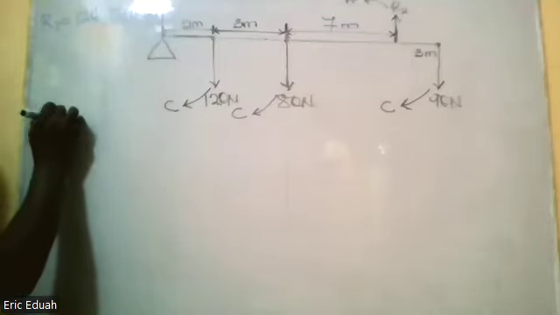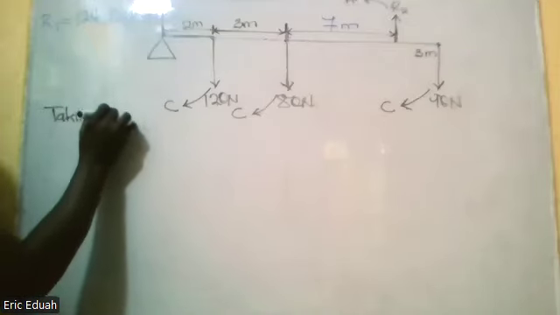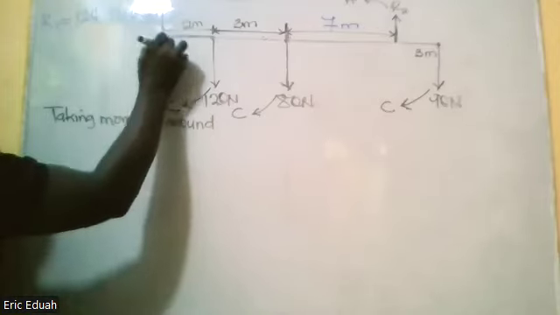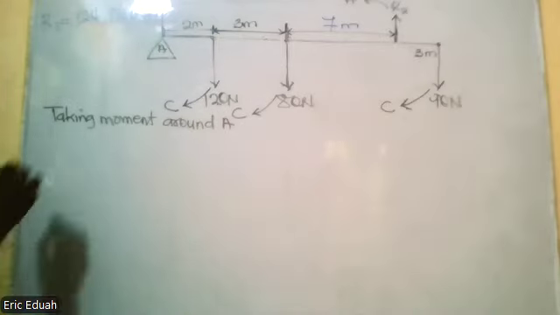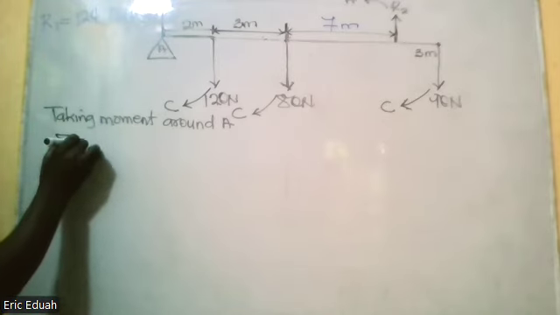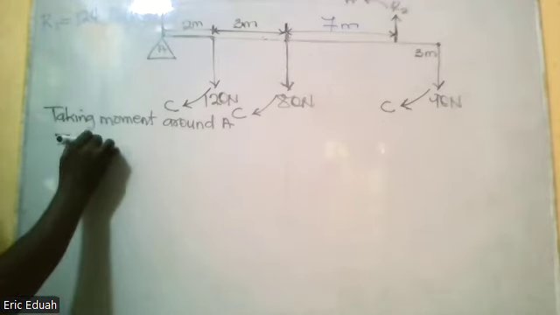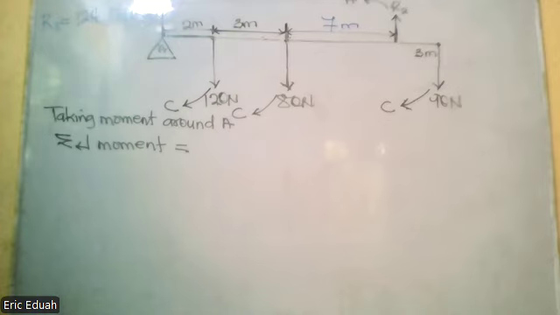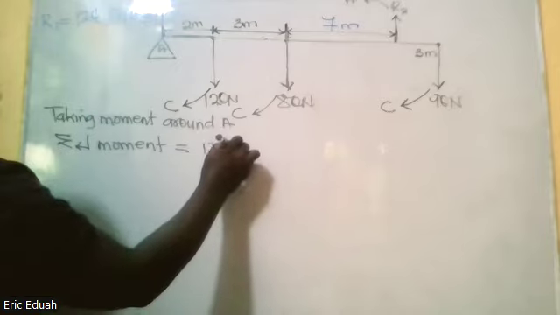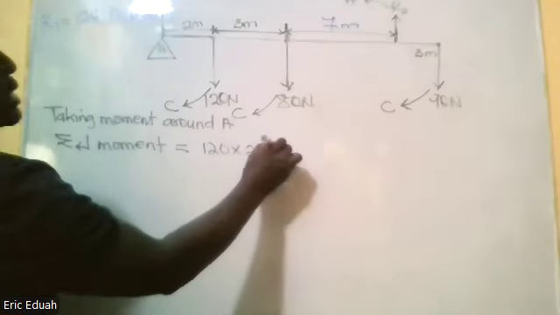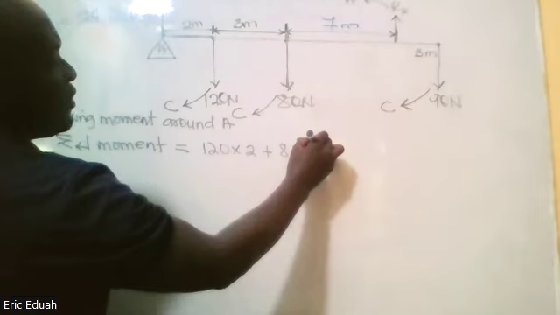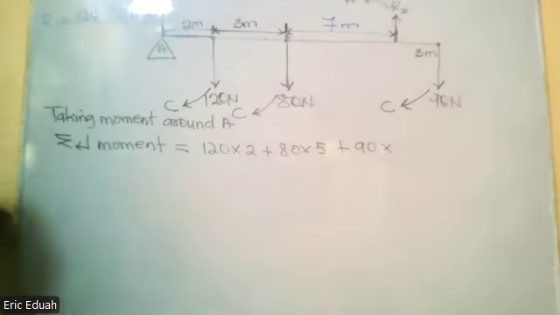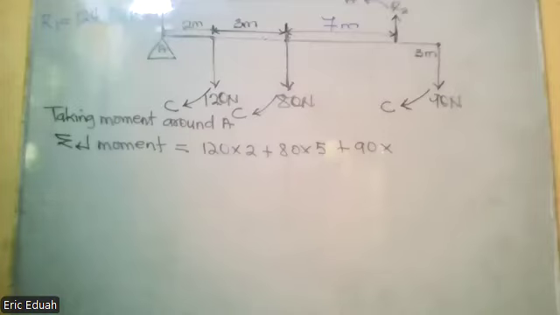So taking moment around A, sum of clockwise moment, we have 120 by 2 plus 80 by 5 plus 90 by 15.